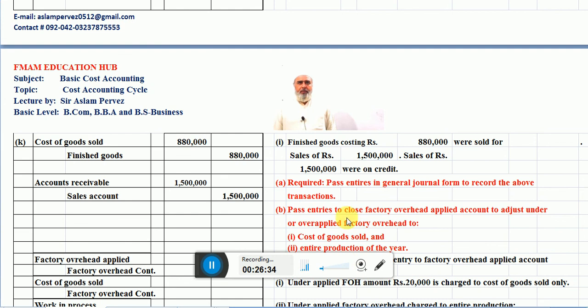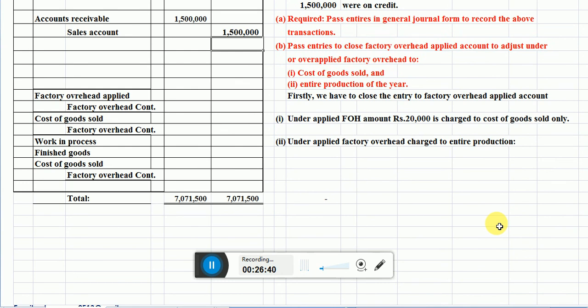Now, students, the second part is to pass entries to close the factory overhead applied account, or adjust under or over applied factory overhead to cost of goods sold.